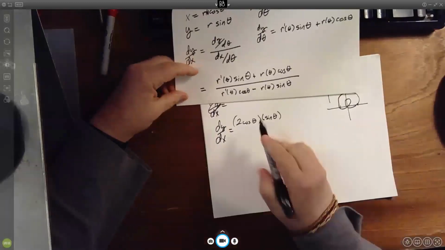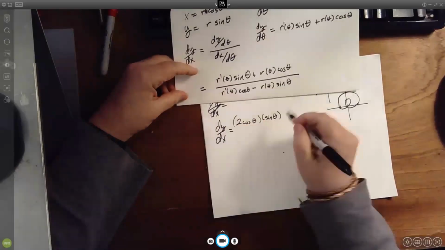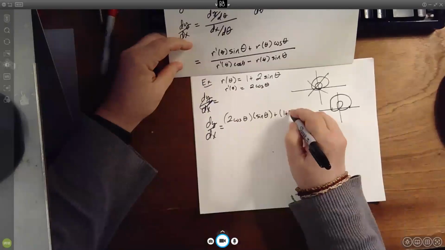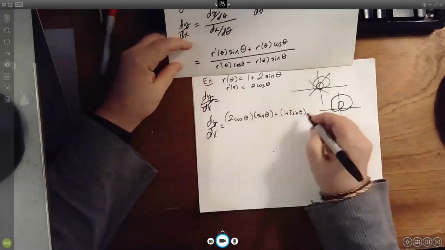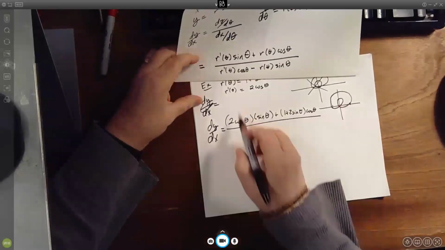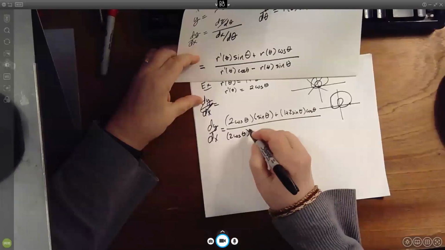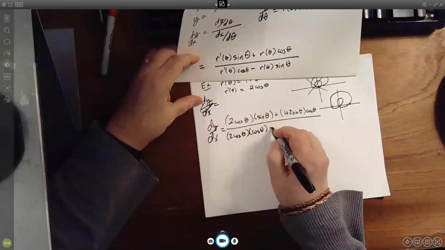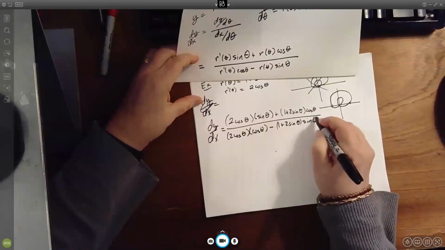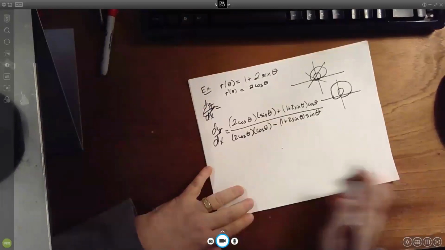I have the derivative times sine theta plus the function, which was 1 plus 2 sine theta, times cosine theta, all over derivative of r times cosine theta minus the function times sine of theta. Isn't that pretty? Should we clean this up a little bit?